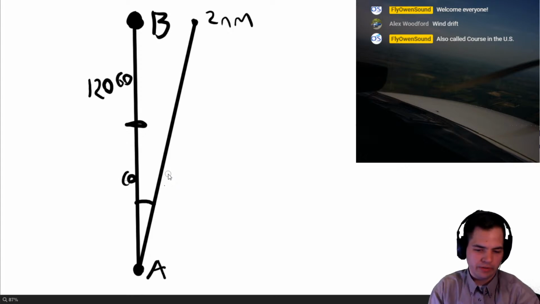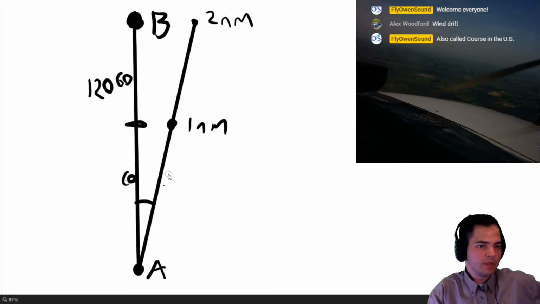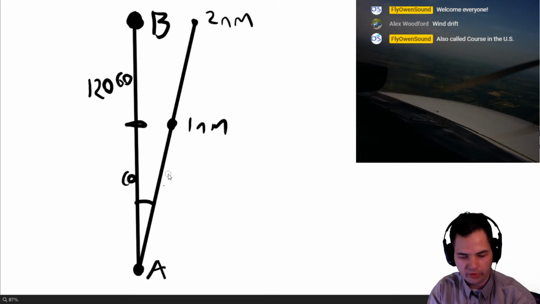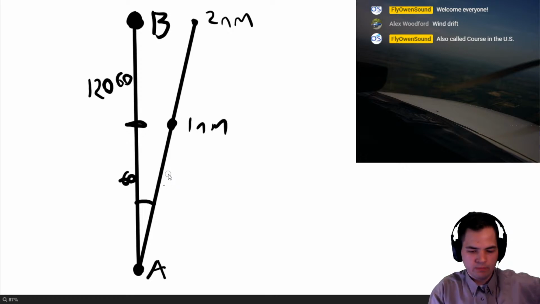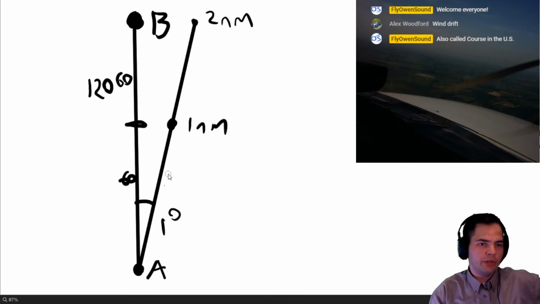At point B, I'm 2 miles off track, but halfway there, I'll be at this spot, 1 nautical mile off track. So after 60 miles, I'm 1 nautical mile off track, 1 in 60, right? So the track error for this problem is still 1 degree. 120 miles, 2 miles off track, is actually 1 degree off track.